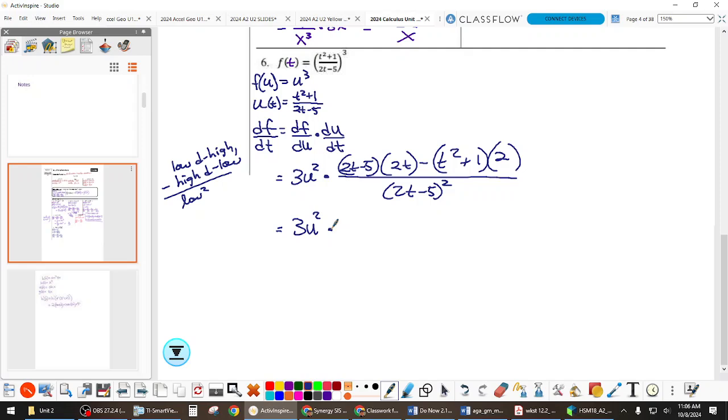T squared plus 1 over 2t minus 5. Oh, here, yeah, I do need to do that. How about, let's simplify this first. Minus 2t squared minus 2.